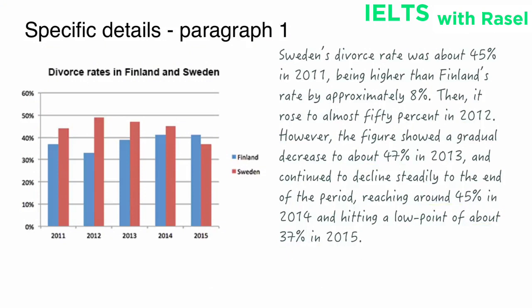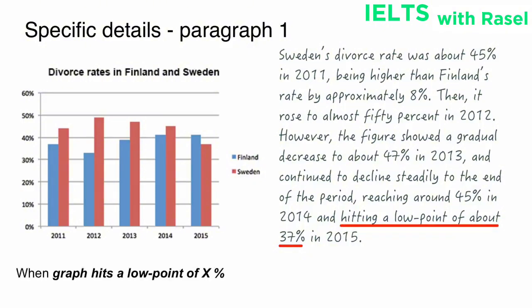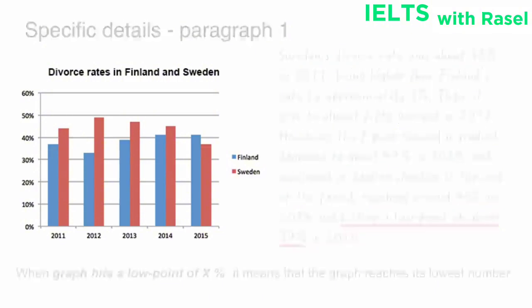And finally, pay attention to the expression that I used: hitting a low point of about 37%. When a graph hits a low point of X%, it means that the graph reaches its lowest number. And this phrase is a great way of indicating what was the graph's minimum and in what year.